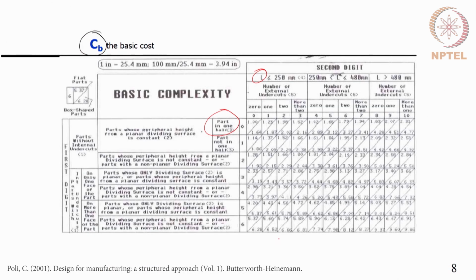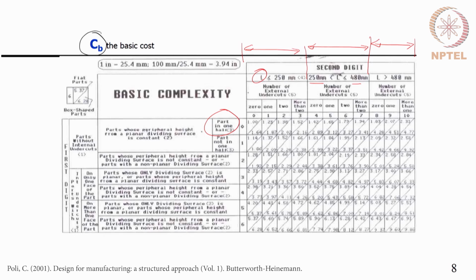If I come back to this table, this L, if it is less than 250 mm, I will be using this set of values. If it is between 250 and 480, I will be using this set of values. If it is greater than 480, I will be using this set of values.